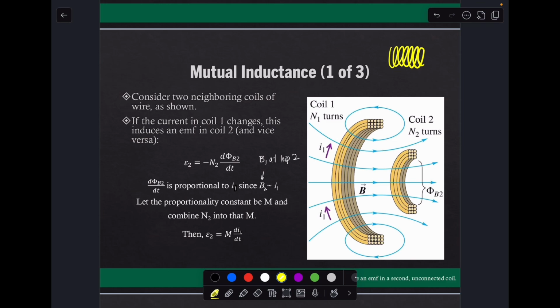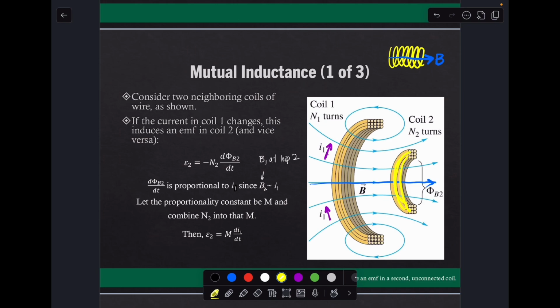They're near each other. And let's send a current through this one. Okay, this will be coil 1. So the current flowing through coil 1 is I1. Well, anytime we pass a current through a conductor, we're going to produce a magnetic field. Okay, and because this is a coil shape, the magnetic field is going to go through the center of the coil. And if we place another coil nearby, like this one here, it's going to feel that magnetic field.